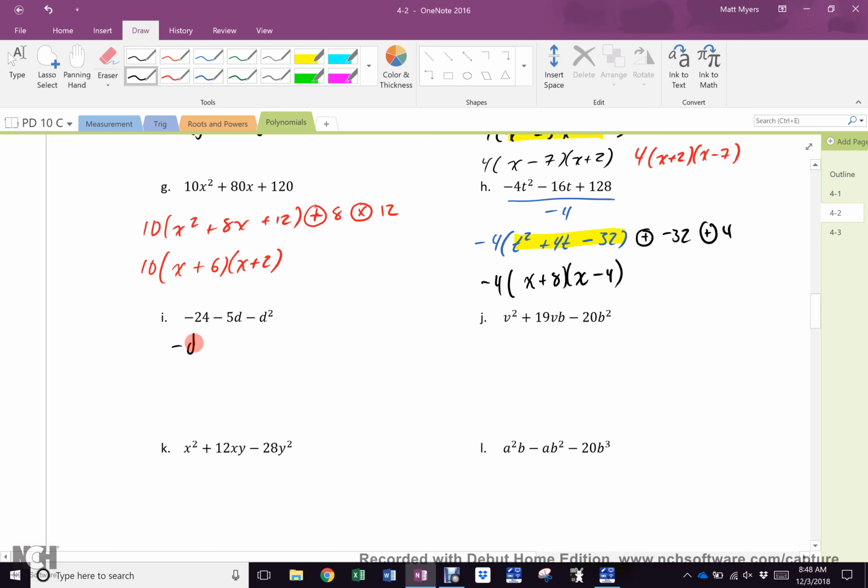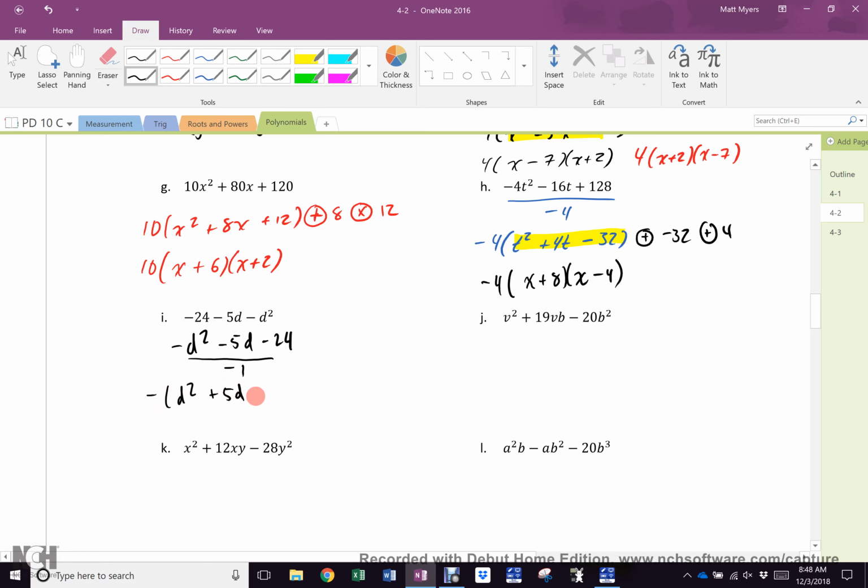Can I write this? Okay. Do we like a -d at the front? So what should I do? Divide by? Not d. -1. Because I'm always allowed to divide by -1, right? And that gets me -d squared plus 5d plus 24.